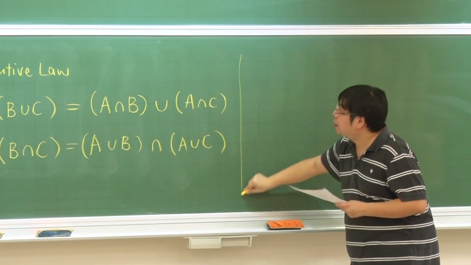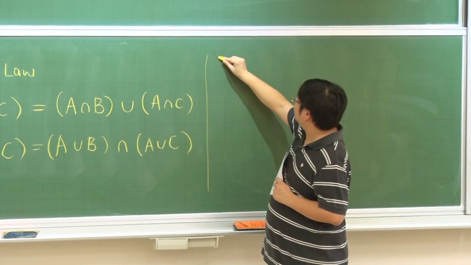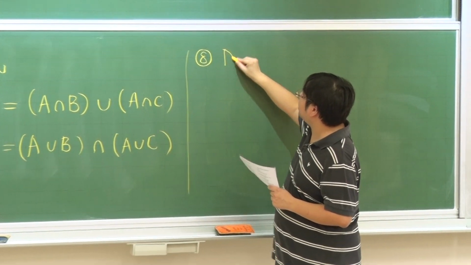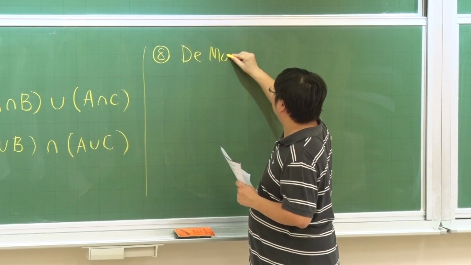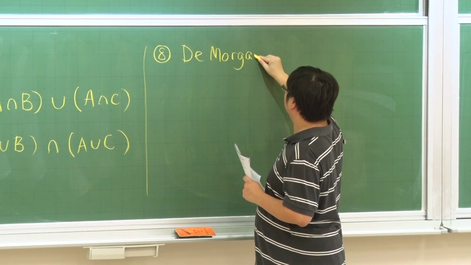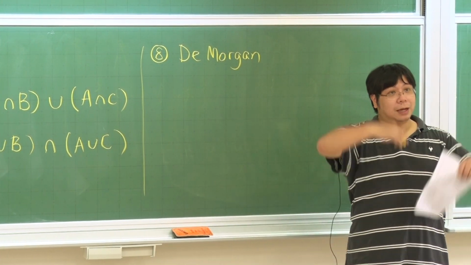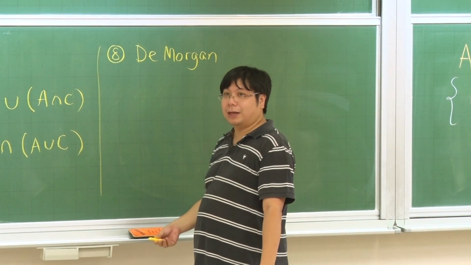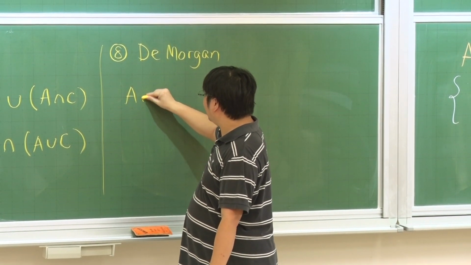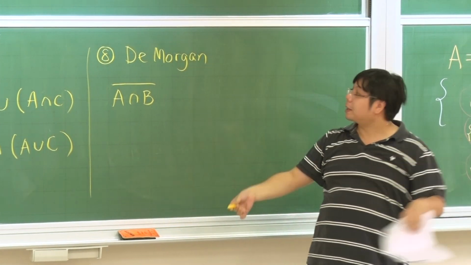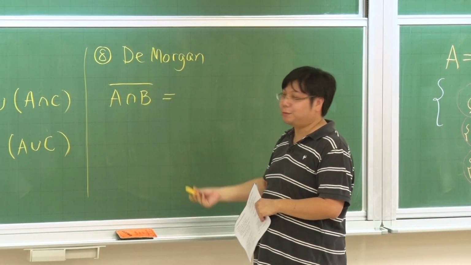Okay, let me finish the laws. So the other one is the famous De Morgan's law. De Morgan's law is to turn things upside down. If you have A intersect B, to turn things upside down, it becomes what?